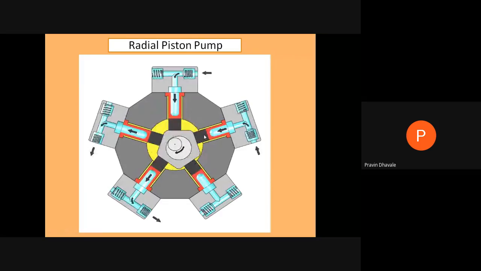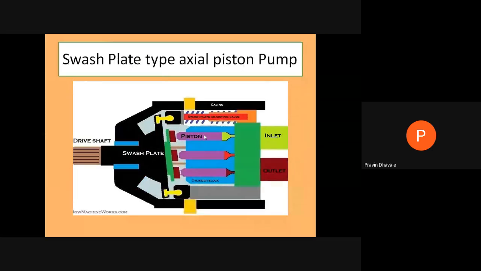Now the next type is the swash plate type axial piston pump. In actuators also we have studied this type. In case of a swash plate type axial piston pump, what happens? This will be the drive shaft.